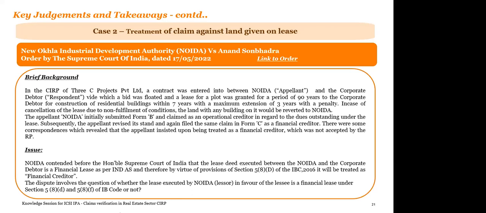entered between Noida and the builder, the corporate debtor, based on a bid that was floated for a land where a lease was to be given for 90 years and construction of residential buildings was to happen within the next 7 years, with a maximum extension of 3 years, that means 10 years.